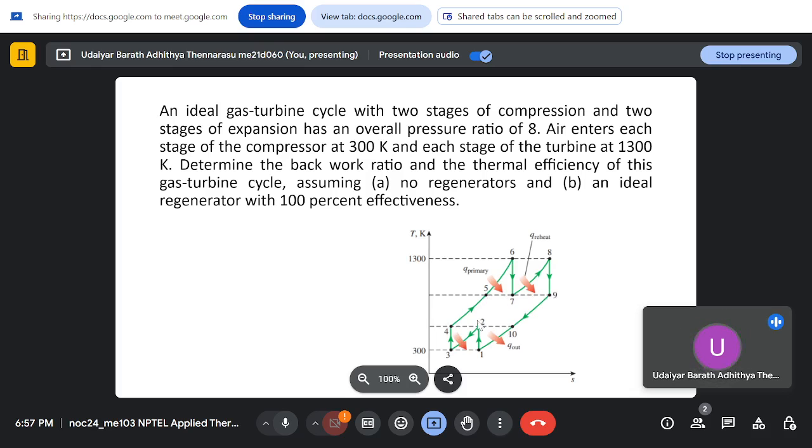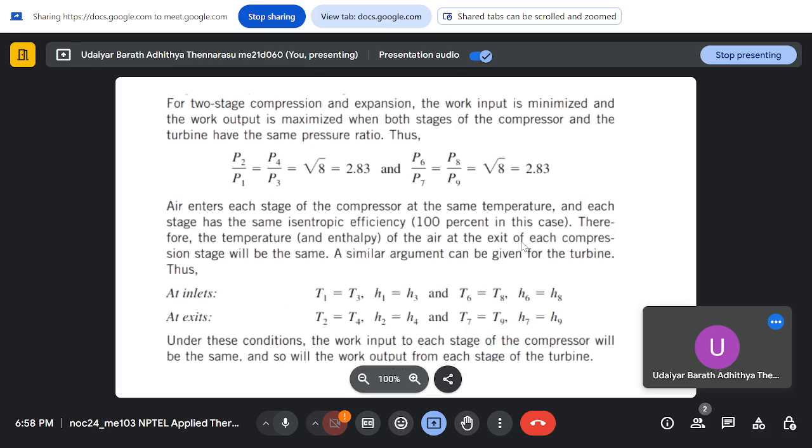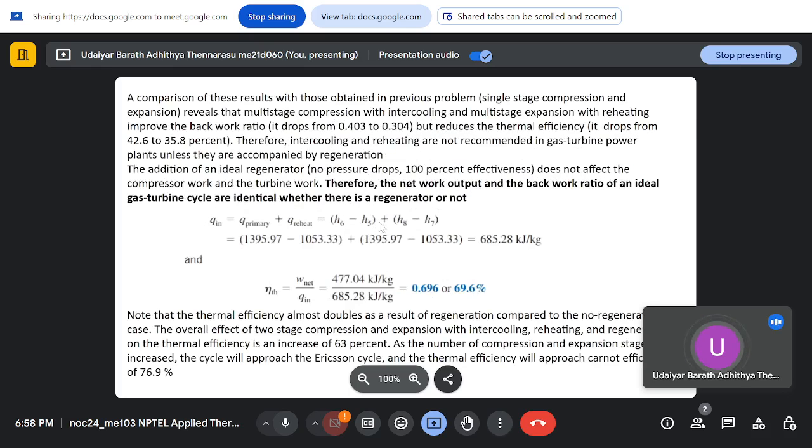So your temperature out at 5 will be equal to the hot inlet at 9. So Q will be equal to Q max, and Q max is 4 minus 9. So enthalpy at state 5 will become 1053.33.